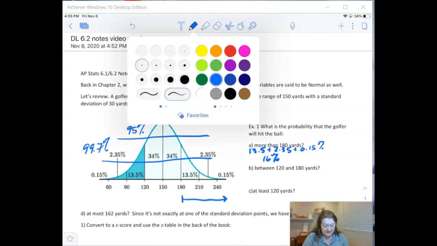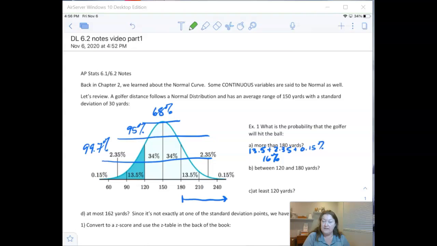So the next one is, what is the probability that if a golfer hits a ball, it will land between 120 and 180? So that's between here and here, right? So again, I'm just going to add those all up, and I'm going to get a 34 plus a 34, and that's going to be a 68%.